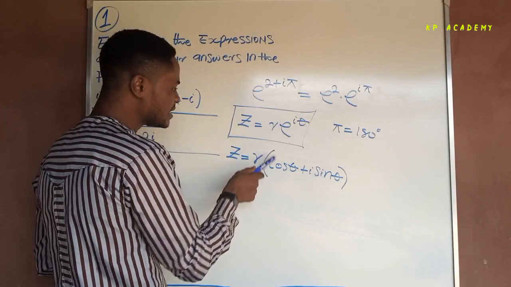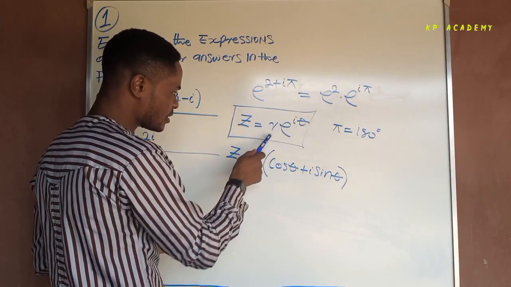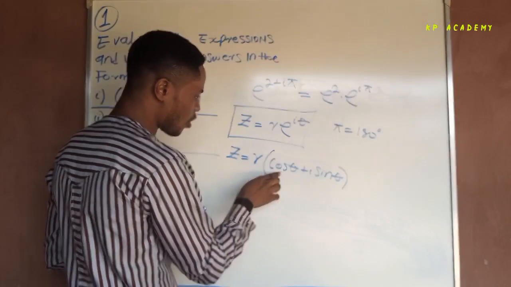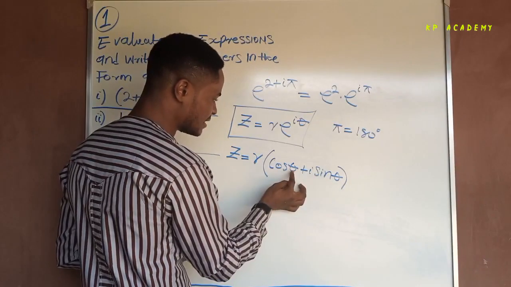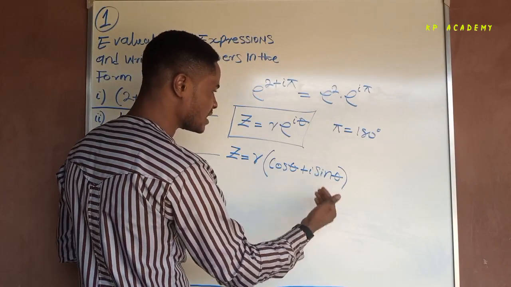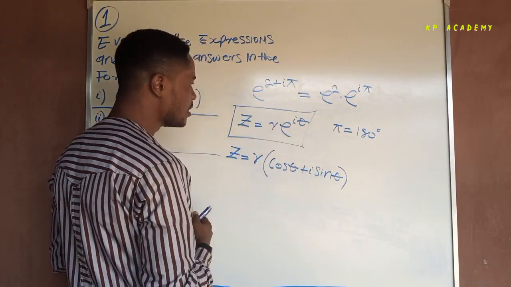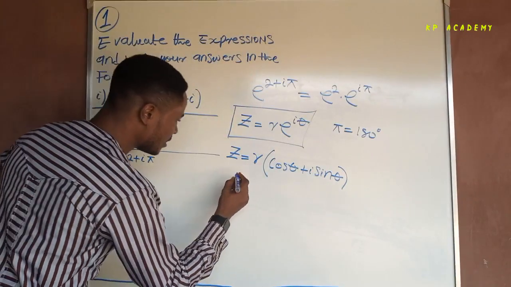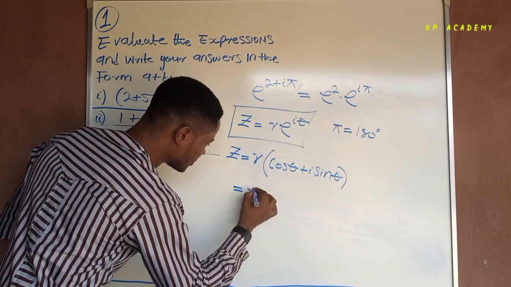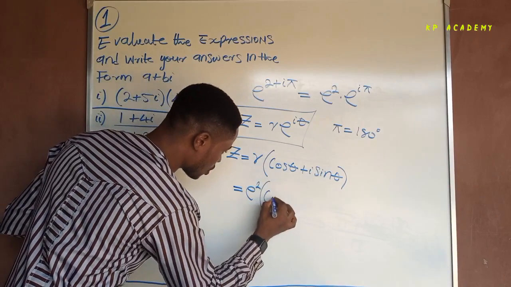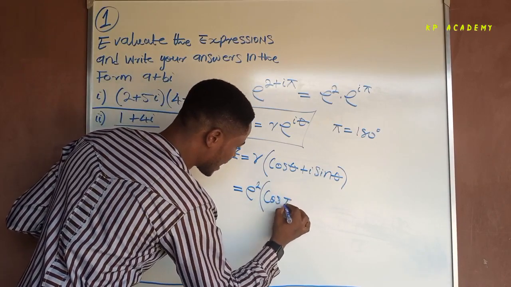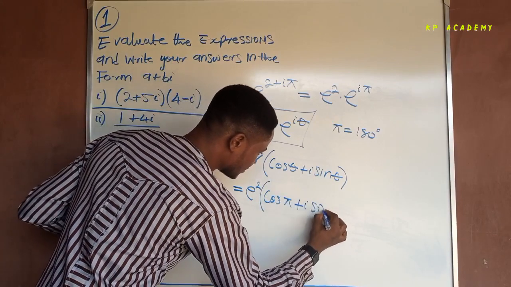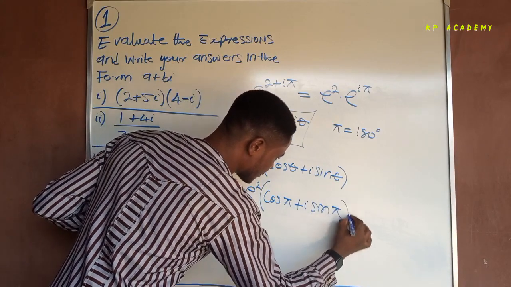Alright, now relating these two now, you find that this r is equal to this r. Now this cos and sine will always be there, and this theta and theta will always be the same, which in this case is this theta that is supposed to be here. So translating the whole of this now into this, you find that it is equal to exponential 2 into cos pi plus i sine pi.